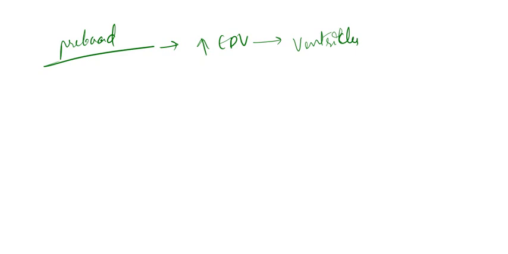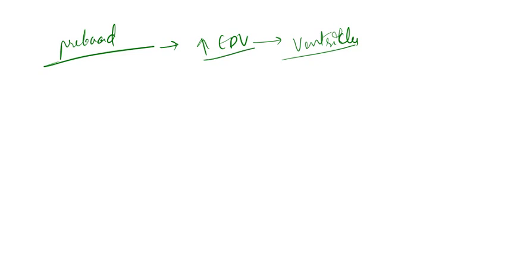See, preload is simple. If there is an increased end diastolic volume, it leads to filling of ventricles, right? During the filling, the ventricles are filled more than the normal volume because of the increased end diastolic volume.